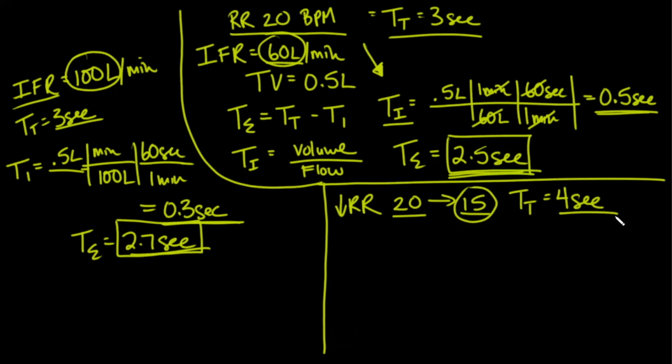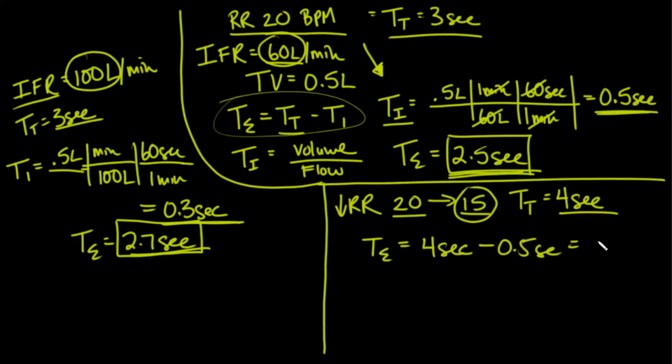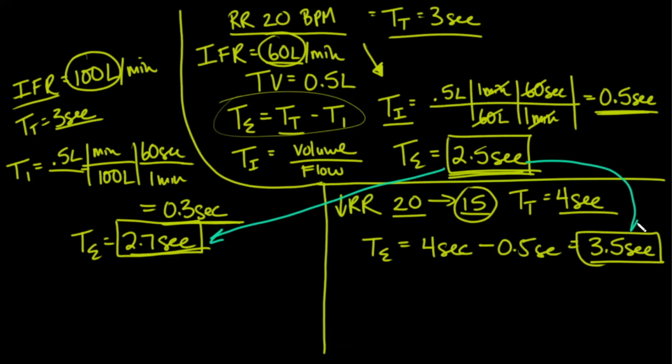And so we look at our equation again, and we see that our T expiratory is going to be equal to our T total, which in this case is now 4 seconds, minus the same 0.5 that it takes for inhalation. And that gives us 3.5 seconds of total exhalation time. So now we're looking at 2.5 to 2.7 or 2.5 to 3.5.